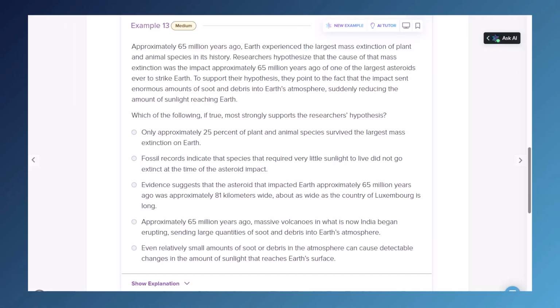It doesn't have to guarantee that the conclusion will happen. It's not proving the conclusion 100%. It just has to make it more likely than the argument alone. So your goal is to find the piece of information that supports the conclusion best or that removes a plausible doubt. Here is a TTP example that I'm going to use to demonstrate this trap answer type.